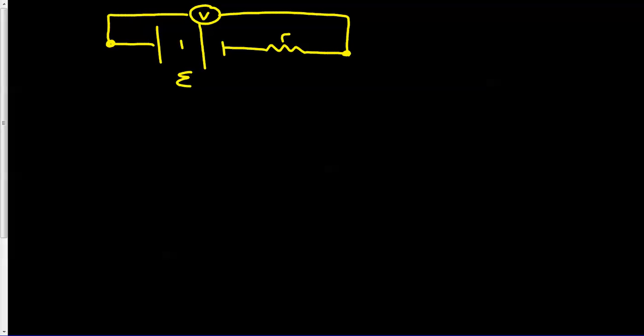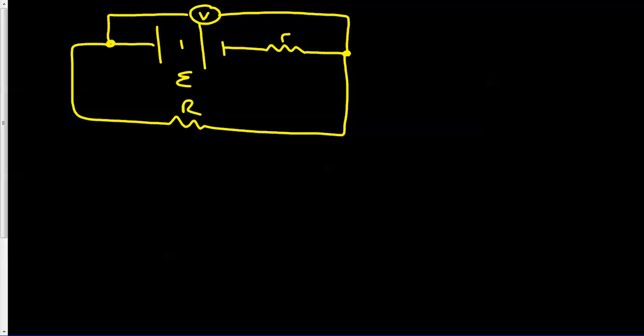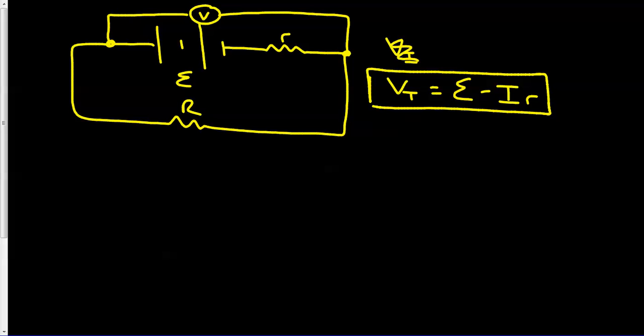So if there's the EMF of the battery and some current flows to some other device in the circuit, some big R, then the terminal voltage would be the EMF minus I times little r. This is the relationship for the terminal voltage. Unless it tells you that the battery has some internal resistance, the EMF is the terminal voltage, and you don't have to factor in that little r times I.